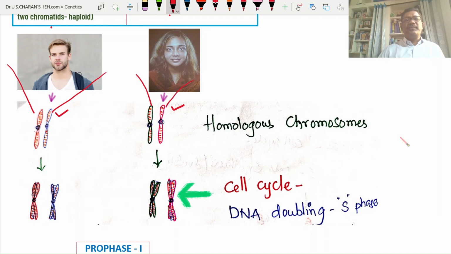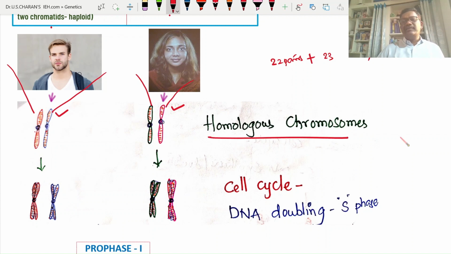These are the homologous pairs of chromosomes. Those are 22 pairs of autosomes. In each pair, one is from the father, another from the mother. In the 23rd pair, that is XX or XY, mother and father. These are the homologous pairs of chromosomes.